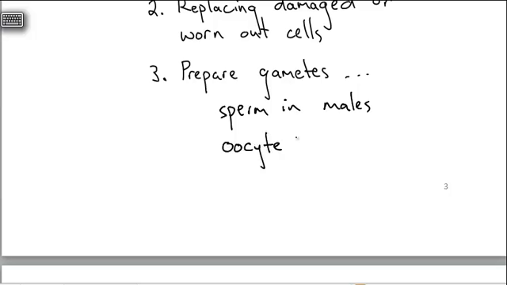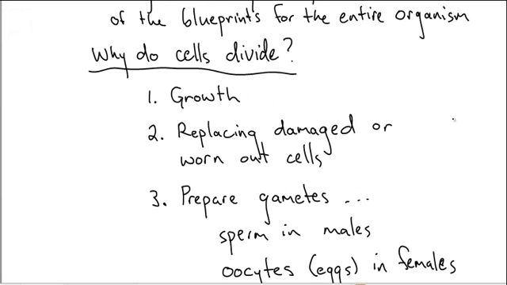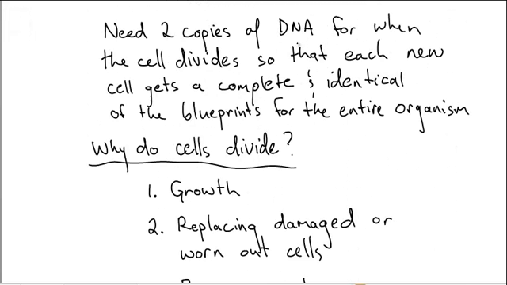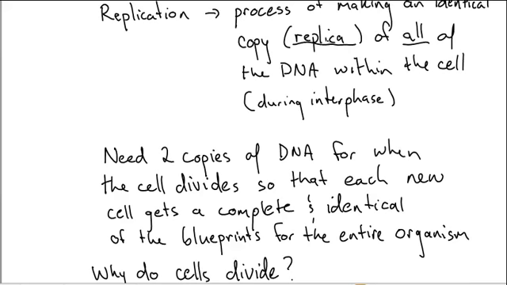That's a cool word, oocytes. It means eggs in females. So those are the key reasons cells divide, and in order to divide, they have to make copies of their DNA, and that is done by the process of replication.